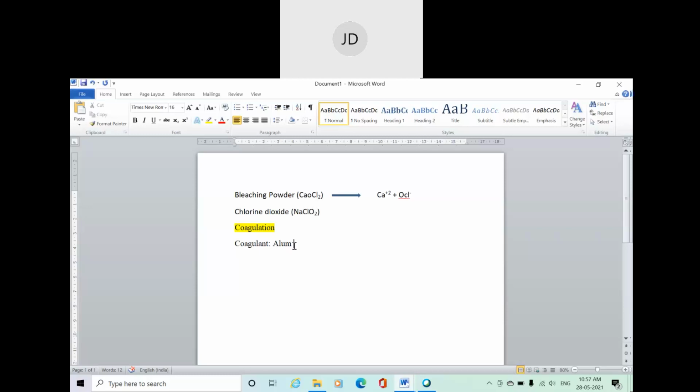The chemical name of alum is aluminium sulfate.